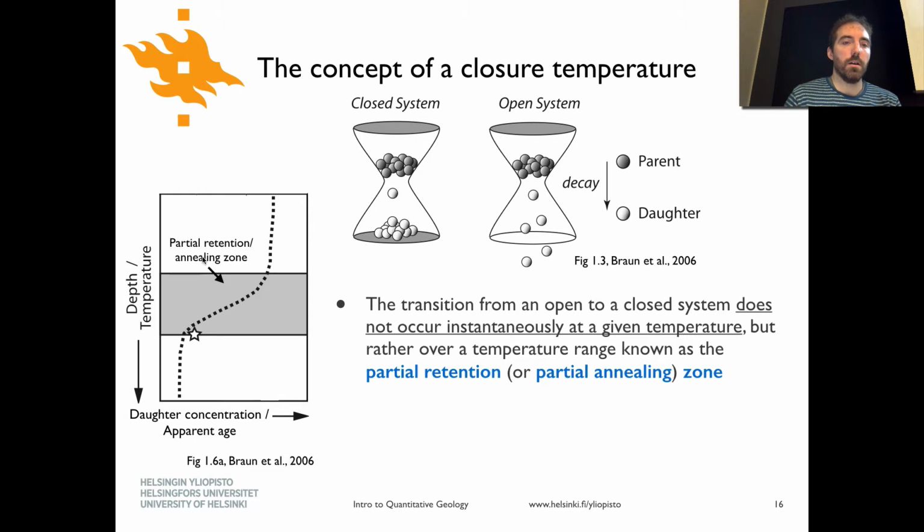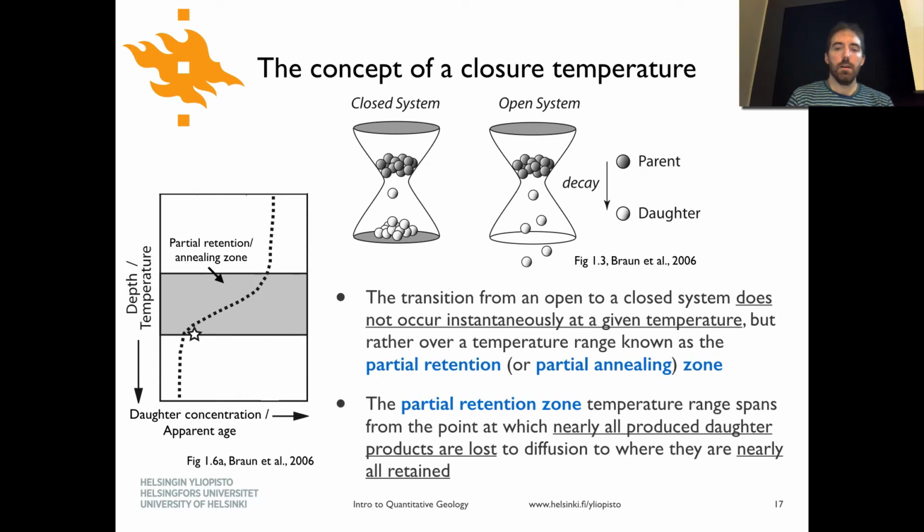And we won't really talk in detail about that today. So in terms of temperatures, this is basically going from the temperature where almost all the daughter product is lost to the point where almost all the daughter product is retained. That's the temperature range in here for the partial retention zone. And again, at least to me, the name is somewhat intuitive.